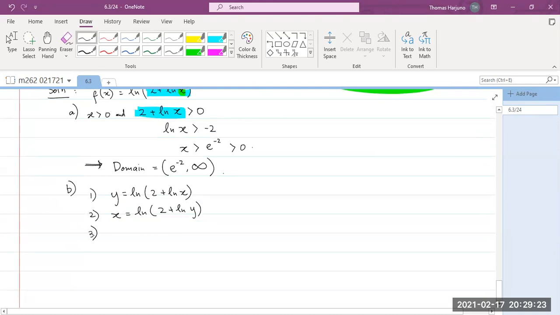So here, I change this into exponential form: e to the x equals 2 plus natural log of y, subtract 2, now I change this into exponential form again. So this will be e to the x minus 2 equals y.